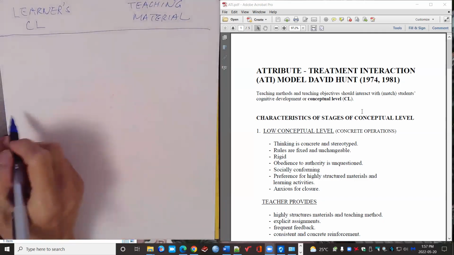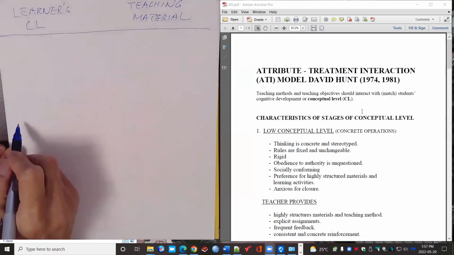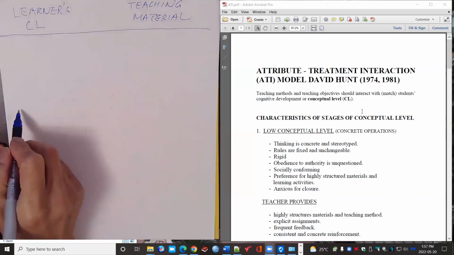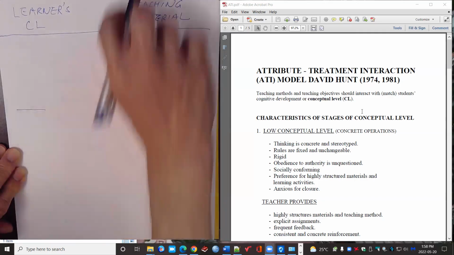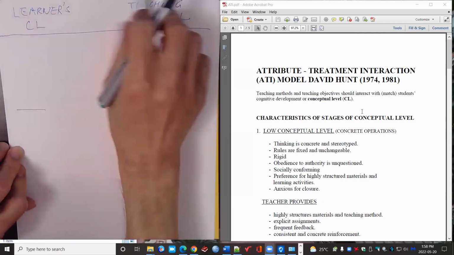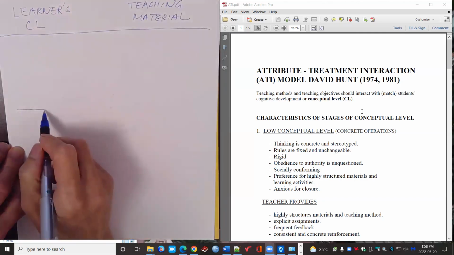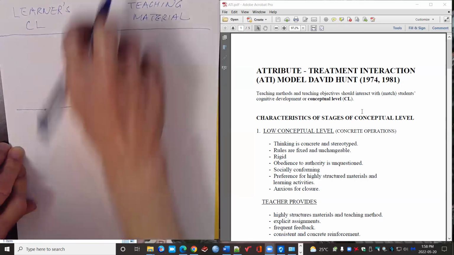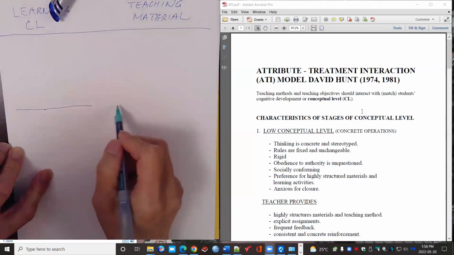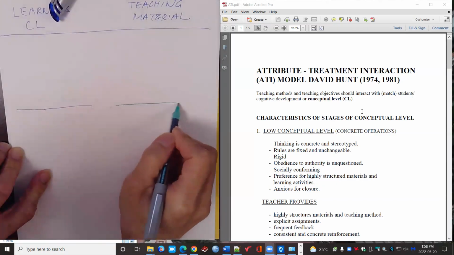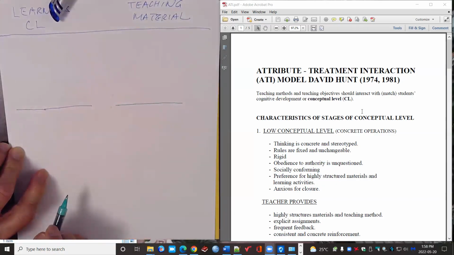Let's say this is the CL, conceptual level. Then the teaching material, to start where the learner is, should be here, right?